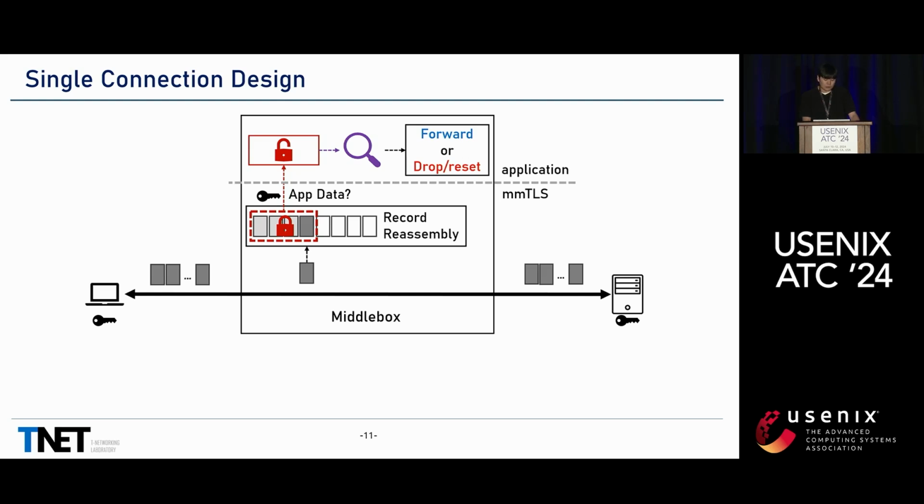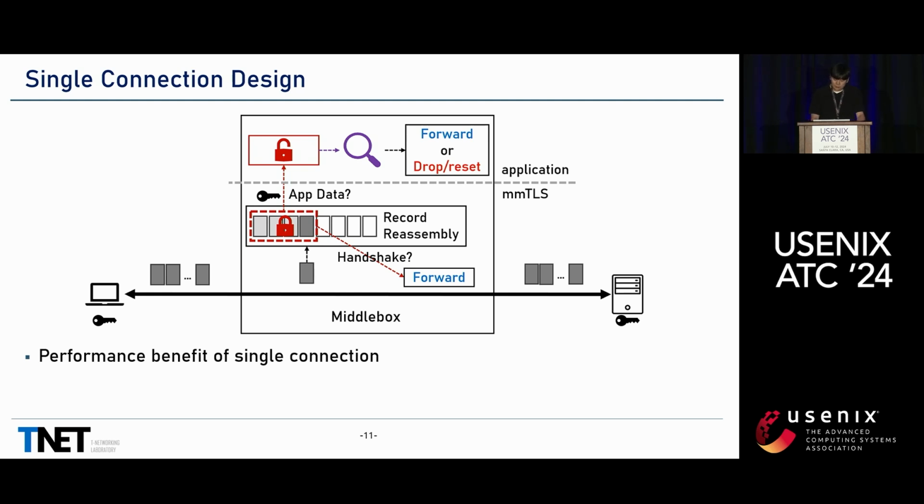Unlike the previous works, mmTLS does not participate in the end-to-end TLS handshake. If the reassembled record is related to the TLS handshake, it skips decryption of the record, and so there is no overhead on the middlebox during the TLS handshake. By doing so, mmTLS can increase the performance of the middleboxes. And in terms of security, mmTLS naturally supports end-to-end authentication.